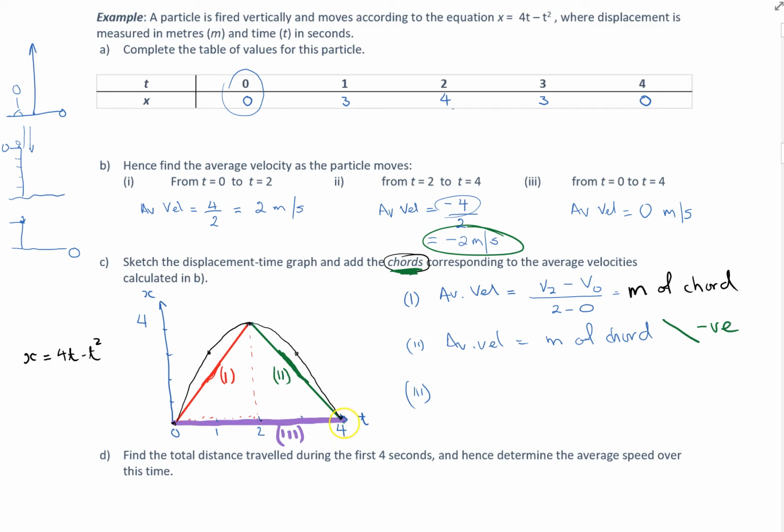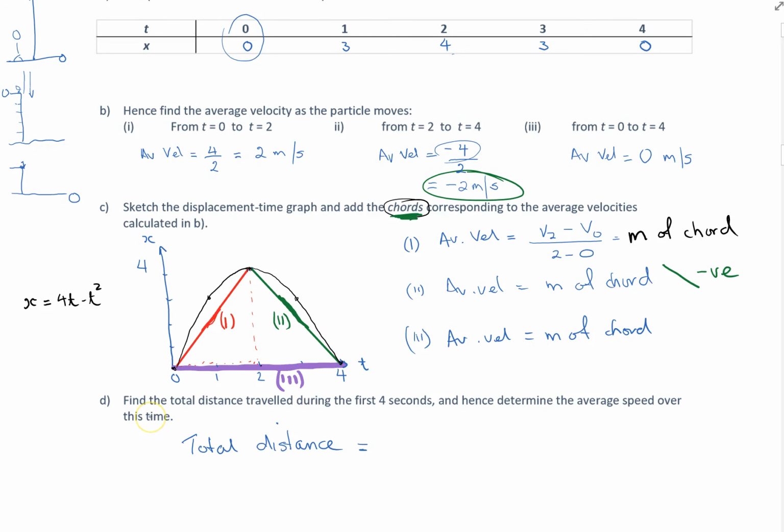And the gradient of the horizontal line is 0. Its rise is 0. Doesn't matter what the run is. Its rise is 0. Hence it's the gradient of the chord, and in this case it was 0.